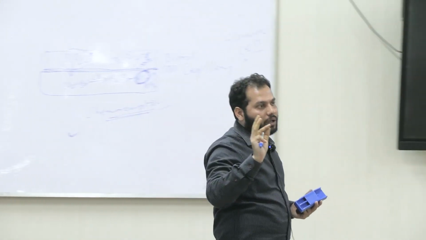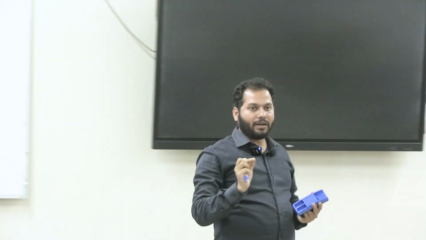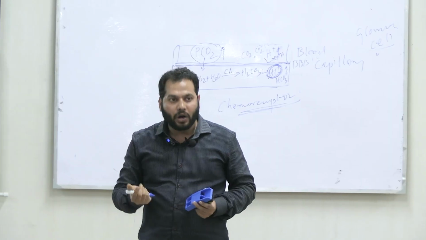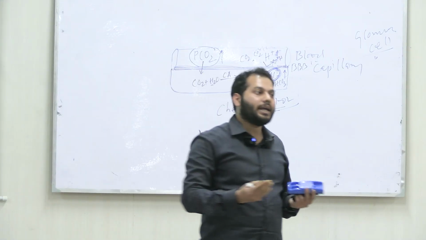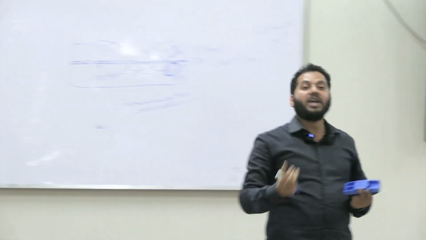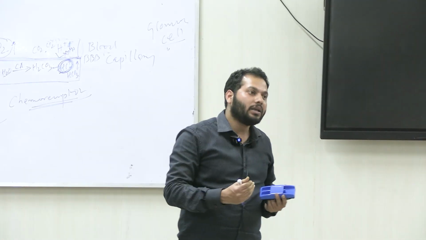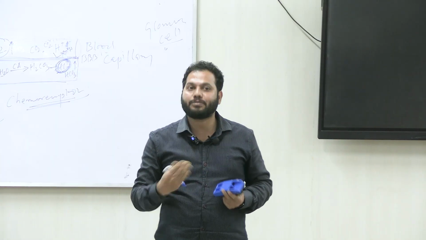So the simple thing we have seen here is that partial pressure of oxygen, partial pressure of carbon dioxide, and pH are all equally important. Based on the pressure or the concentration of H plus ion, our respiratory center responds.